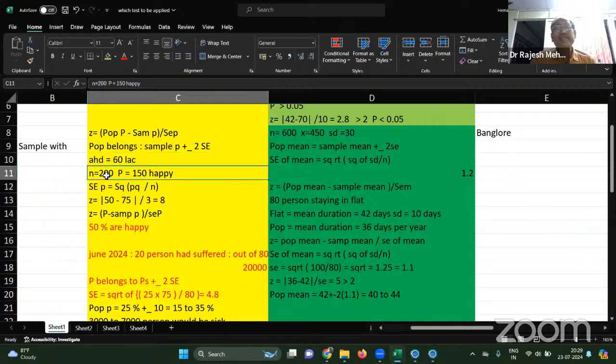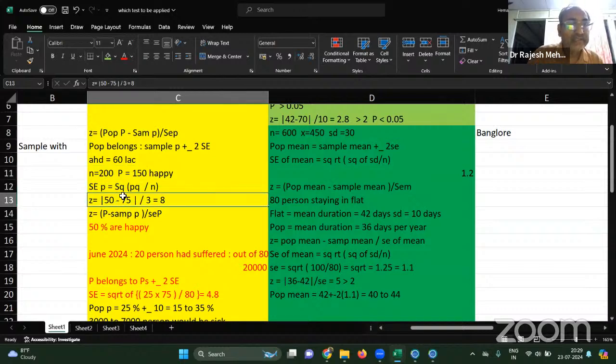Out of this you are taking a sample of 200 and 150 people are happy. So you want to find out how many people are happy. In this case, the sample proportion is 75%, right?